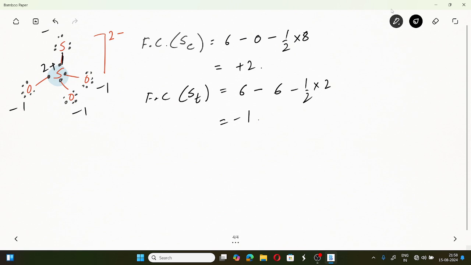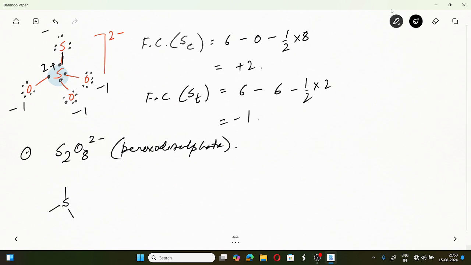let us consider another anion, that is S2O8 2 minus. This is peroxodisulfate. Now this is one of the strongest oxidants, a very strong oxidant. So it's like this.